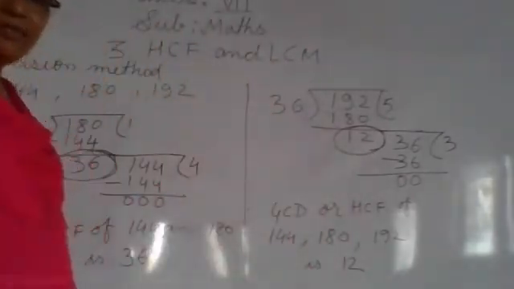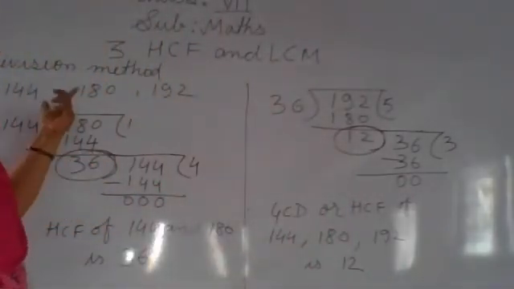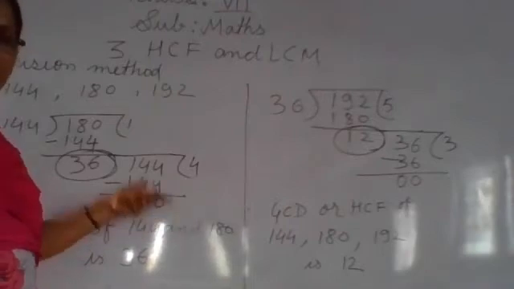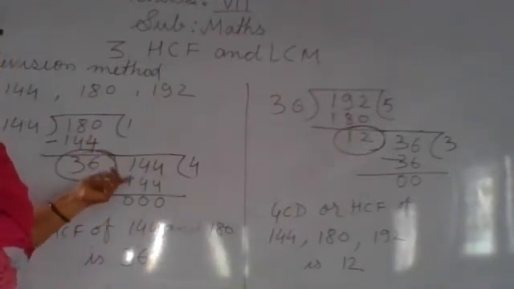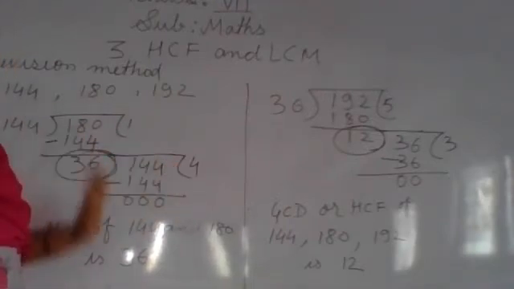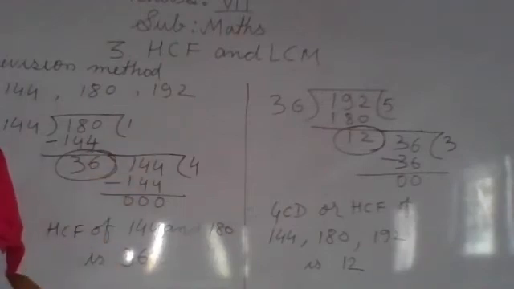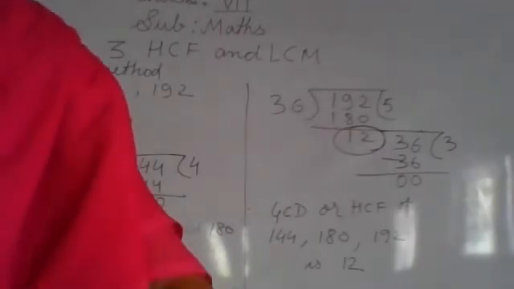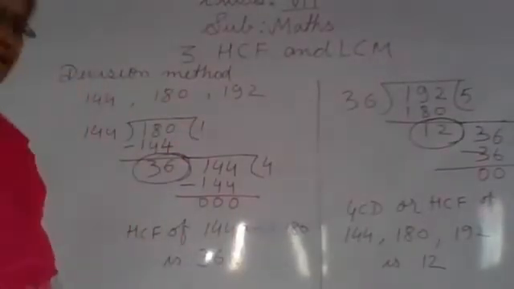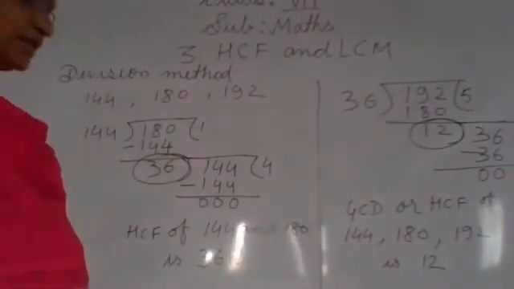So in this way you can find the HCF by this long division method. It is very easy and quickly you can find the HCF of any three numbers. Got it beta? Now let us see another example.